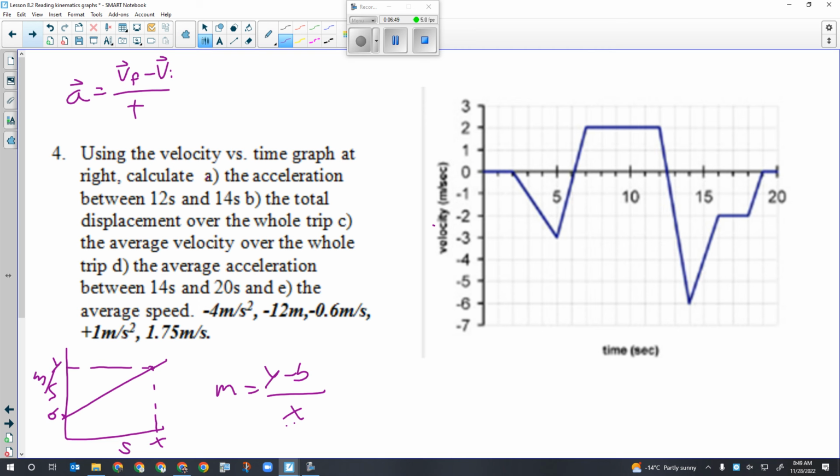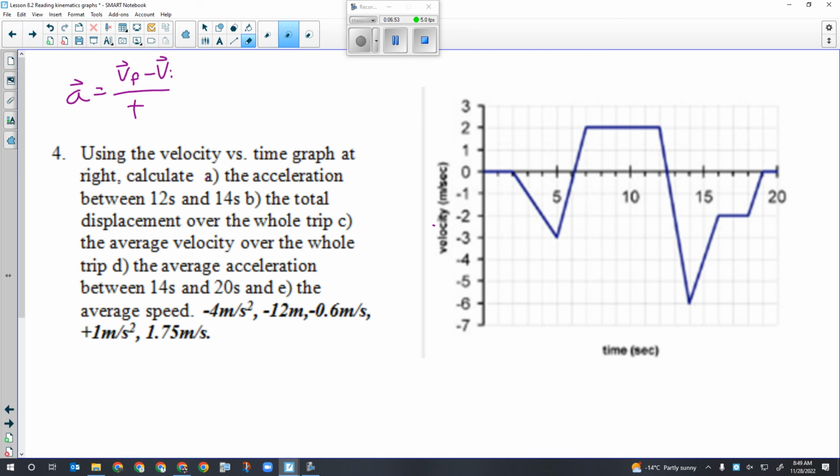For this particular graph, because we don't have a single straight line, the slope method's not going to work. But this method will. So between 12 seconds and 14 seconds, can I find my initial and final velocities? Because that's one of the things I can read directly off of this graph.